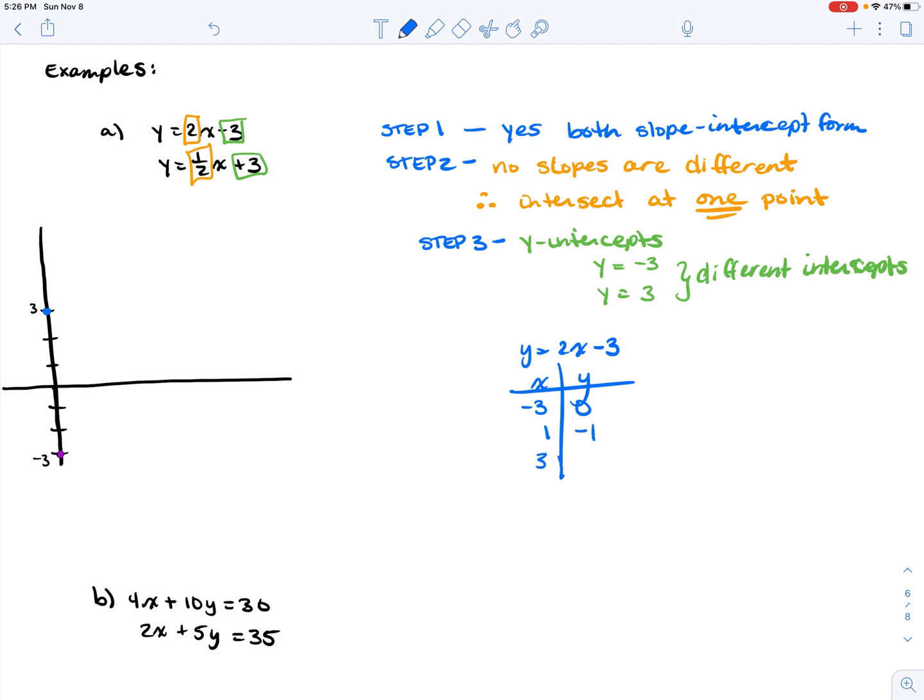If I put in 3, I get 3. So this gives me a few points to look at. So I have 1, -1, and I need purple because I'm looking at this line here. And I need 3 and 3, so I need that right there. So this line cuts like that. So this one is y equals 2x minus 3.